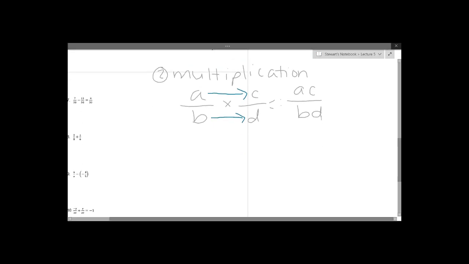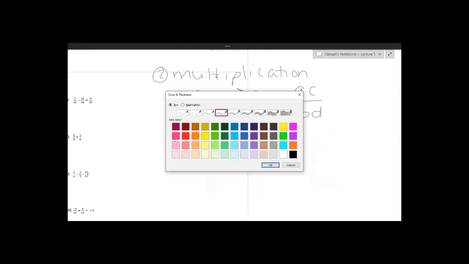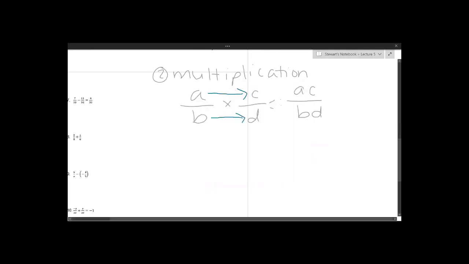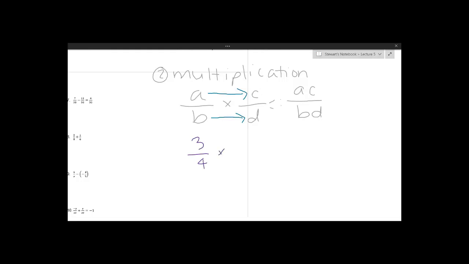A concrete example of this would be 3/4 times 5/8. You're not adding these together here. You're not considering the same exact thing.